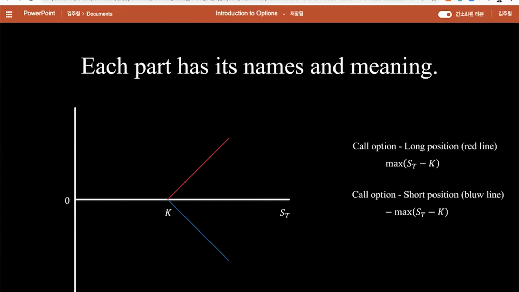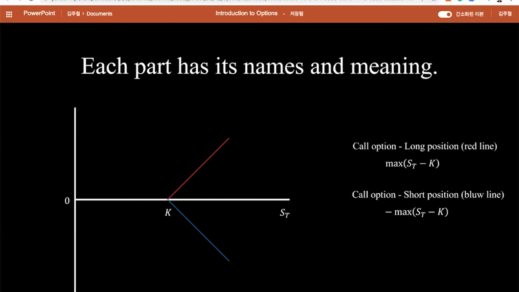In some sense, that's the amount of money you have to pay to have this right and no obligations. There is no obligation and you have only the right. And this is really good, and it cannot be free. So you have to pay some money at the beginning to have this wonderful right with no obligation.